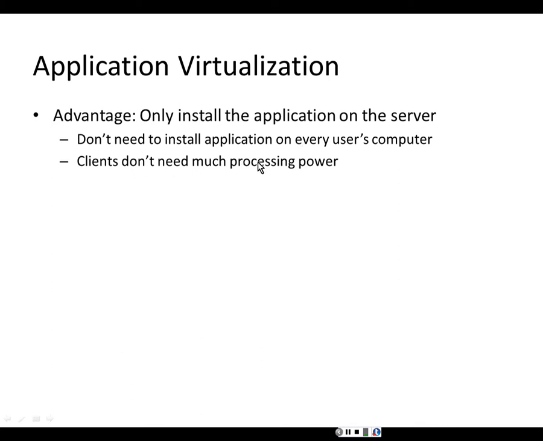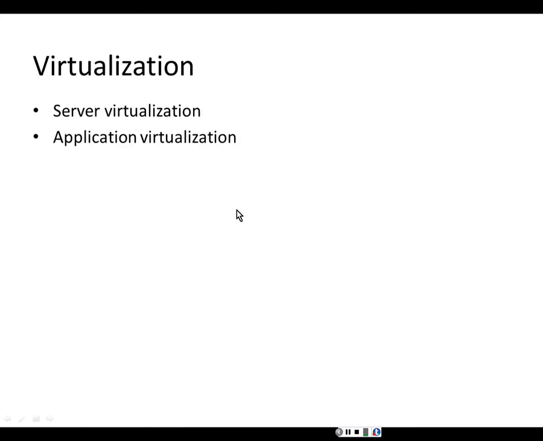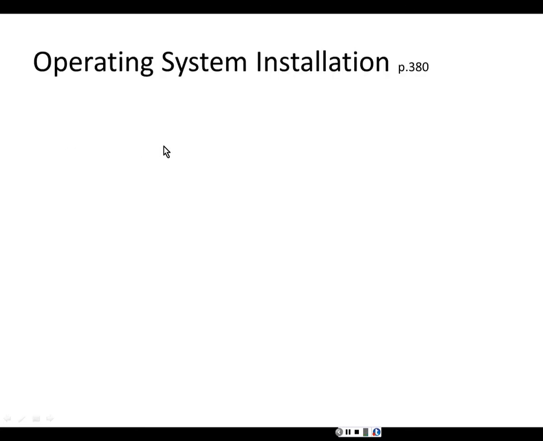And furthermore, the client computers don't require much processing power because all processing occurs up on the server. Of course, the drawback is there is a very, very heavy processing load on the server, and if you get too many people using it at the same time, then that can slow it down. So we have two types of virtualization: server virtualization and application virtualization.